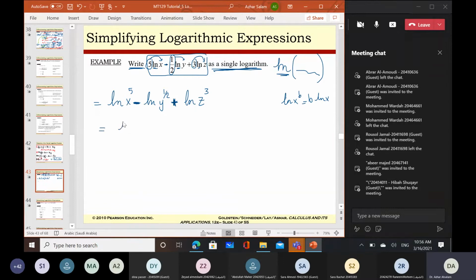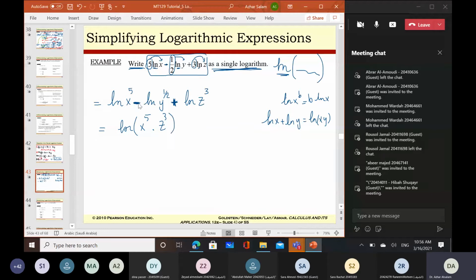So here it is equal to ln. I have here positive and positive, so ln plus ln: ln x plus ln y is ln of x multiplied by y. So I can here write ln of x to the power 5 multiplied by z to the power 3.